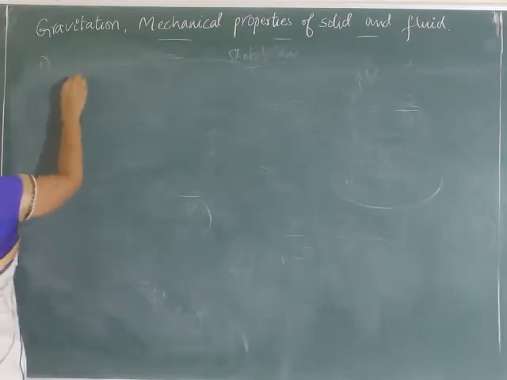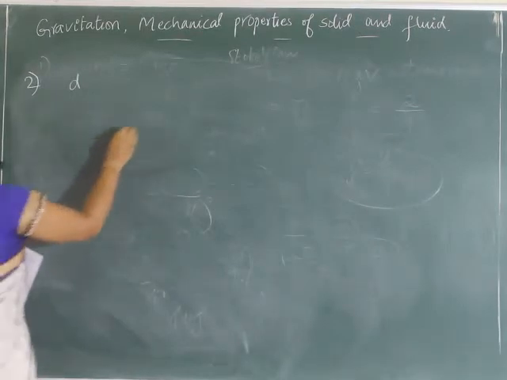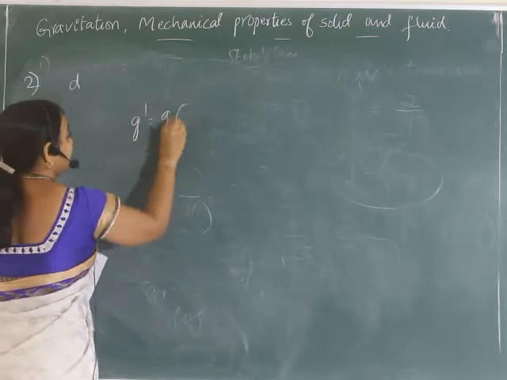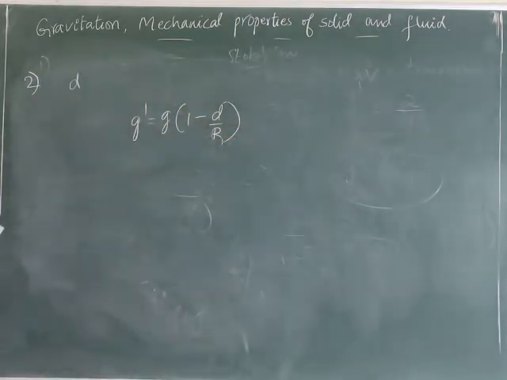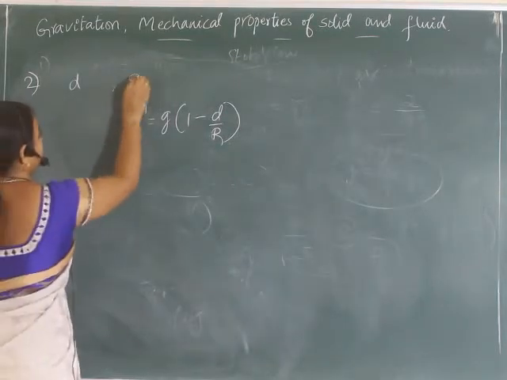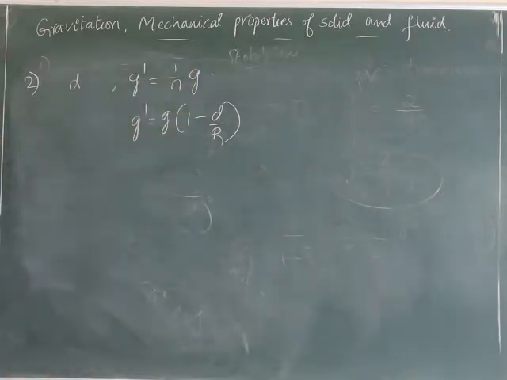Okay, at the depth d we are speaking about. So the formula should be G dash is equal to G into 1 minus d by r.